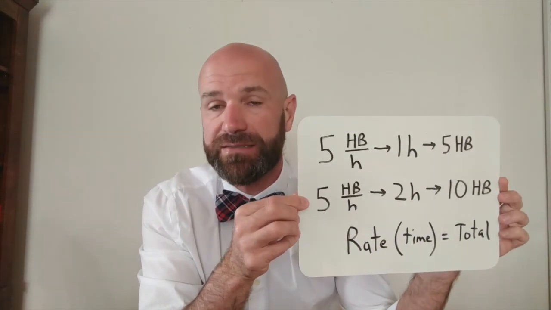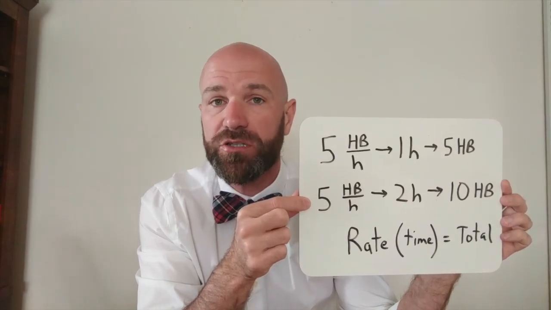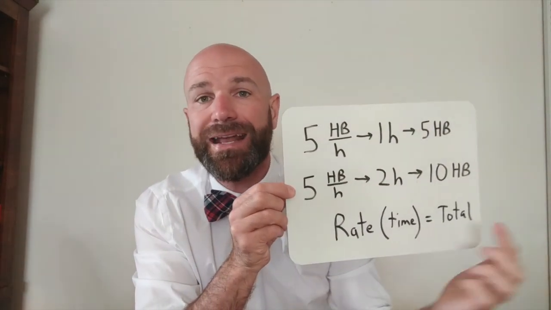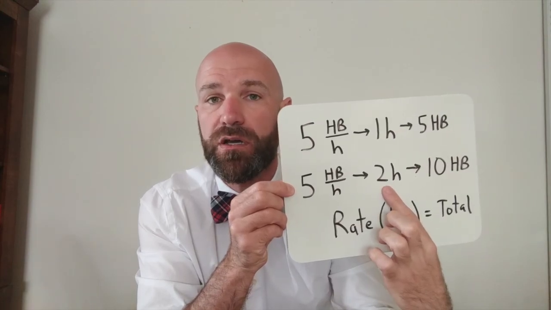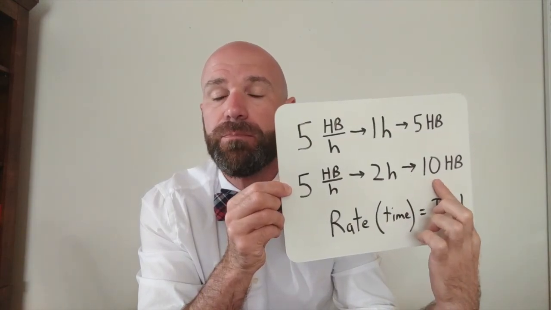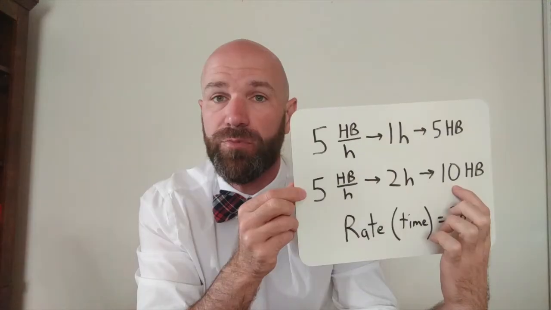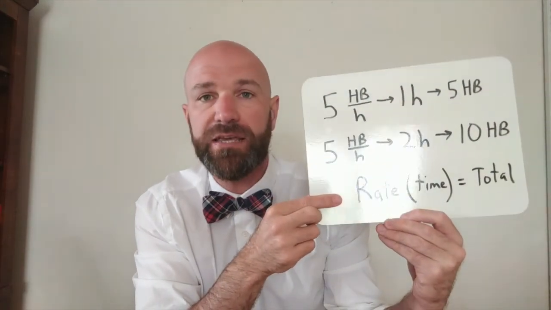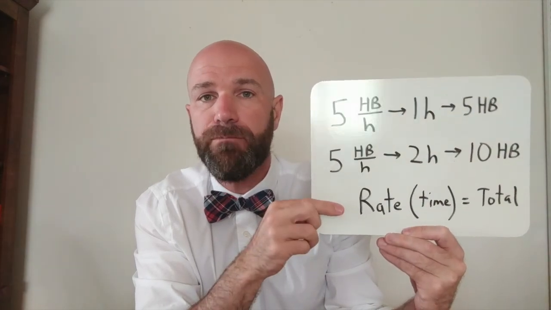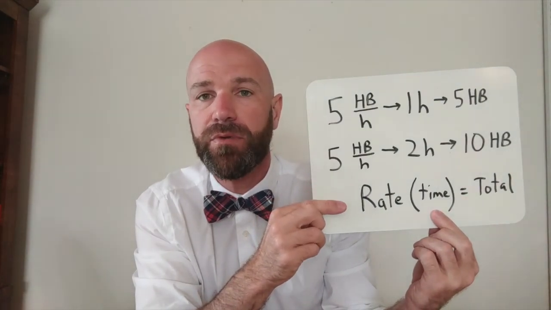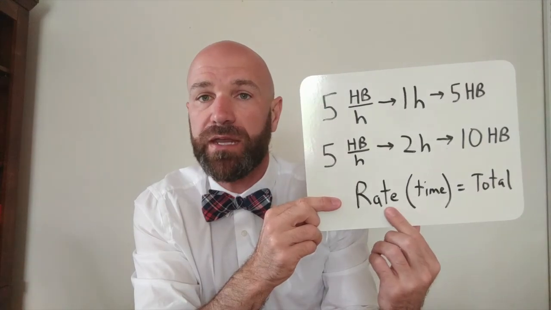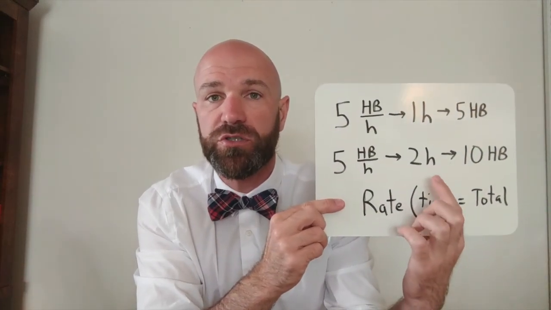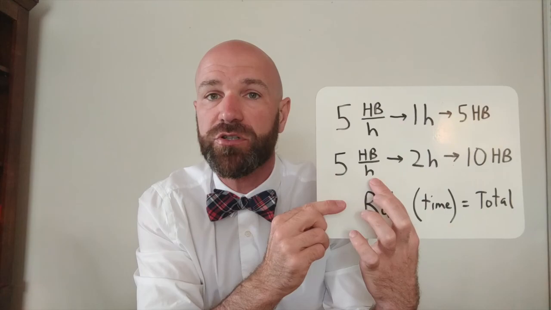If I continue eating 5 hamburgers per hour, all right, and I stay in there for 2 hours, all right, then I'm gonna eat 10 hamburgers. So the point is, if we take our rate and multiply it by the time that we're doing that rate at, all right, in this case, we're doing 2 hours of 5 hamburgers per hour.